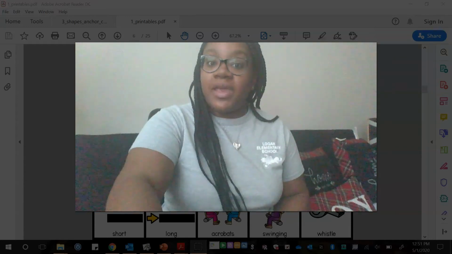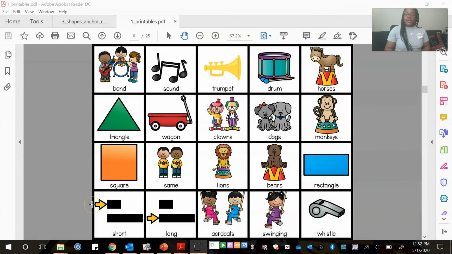I want to see if you can find the rectangle on our communication page. Where is the rectangle? Remember, 2 sides are short and the other 2 are long. So we have short and we have long. Very good. This is the rectangle and this rectangle is blue.